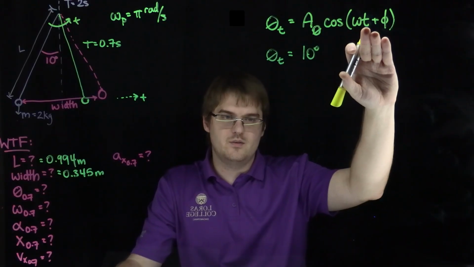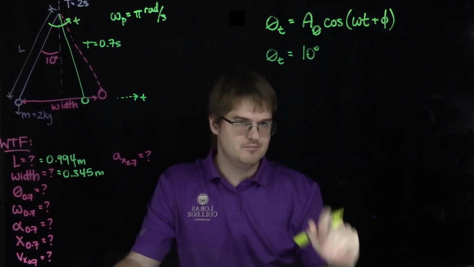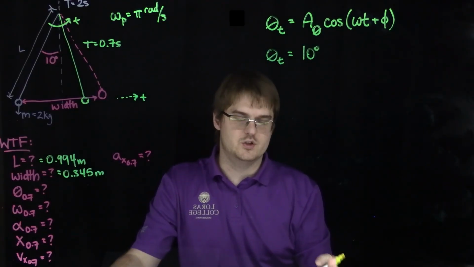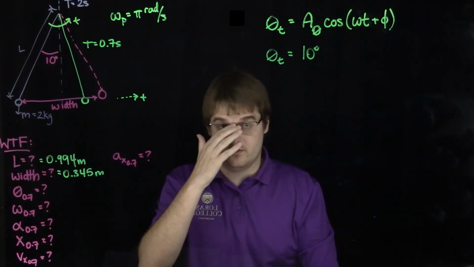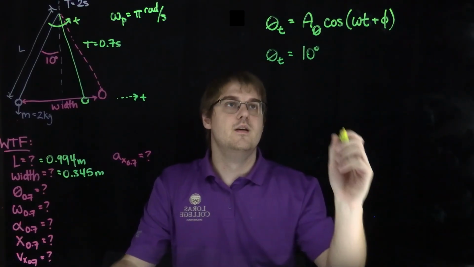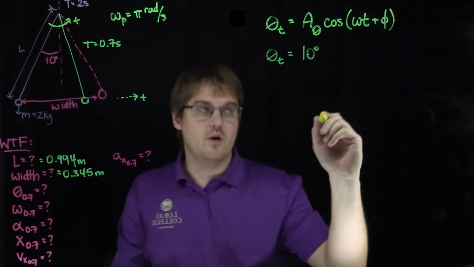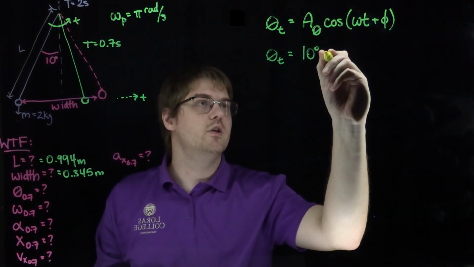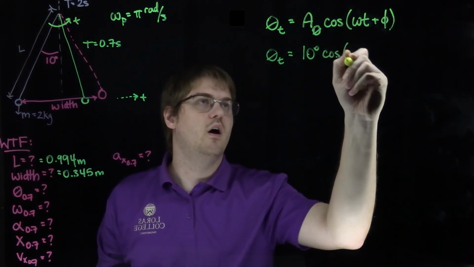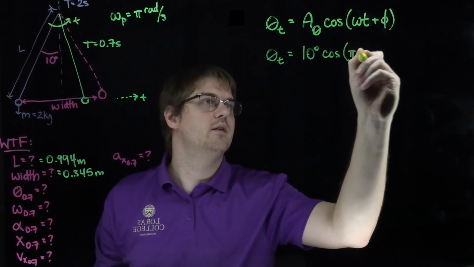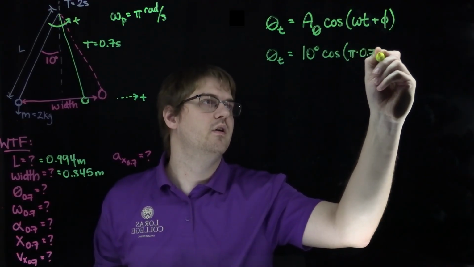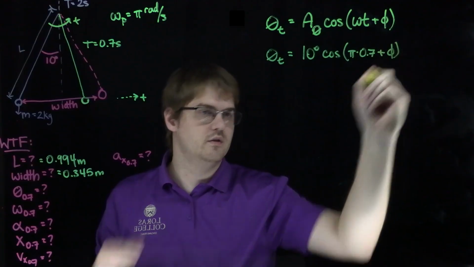Anything in here has to be in radians. Outside, we can leave as degrees. It just means our answer is going to come out in degrees. So that will work either way for us. Times the cosine of our omega, so pi times 0.7 plus phi.